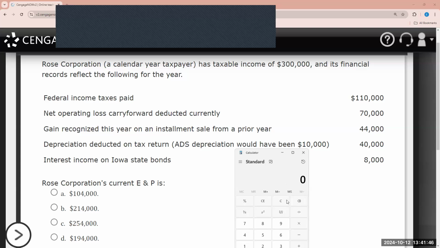Let's start that over. 300,000 minus 110,000. From there, we add back the net operating loss. I'm getting too much information going on here. We add back the 70,000. We subtract the gain recognized from the prior year installment sale, so the 44,000.